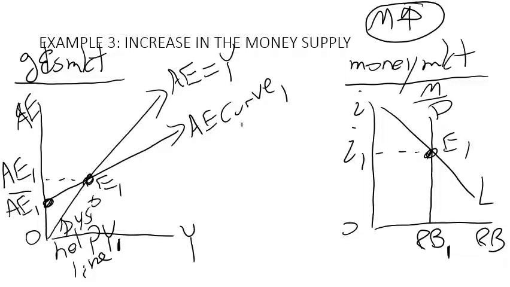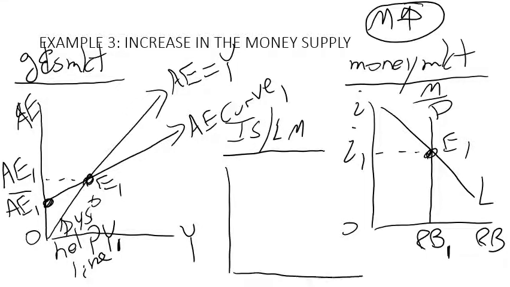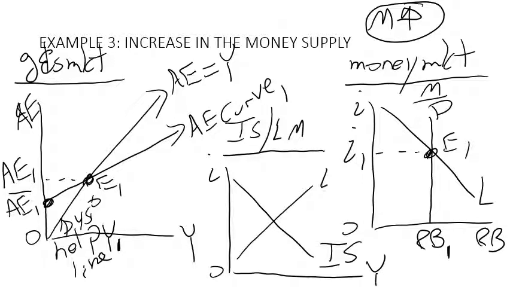All right, and the last part is the ISLM diagram. Interest rate and GDP. IS, a summary of the goods and services market, and the LM curve, a summary of the money market. Equilibrium interest rate, equilibrium level of GDP.